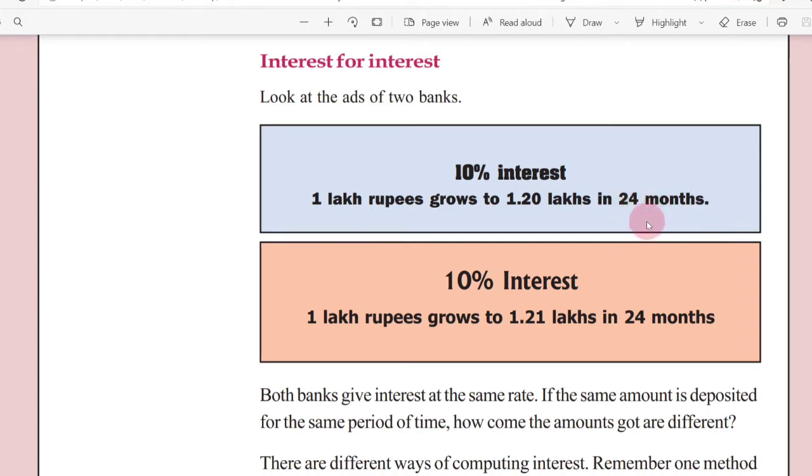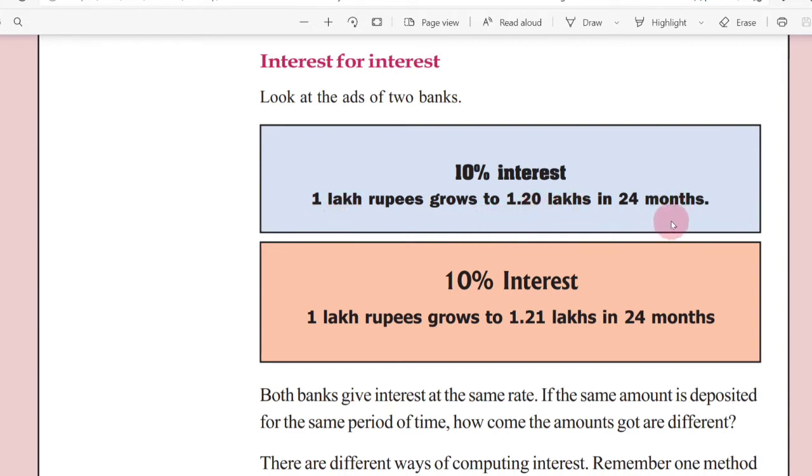We know that 12 months is equal to 1 year, then 24 months is equal to 2 years. So in the first ad, in 2 years, 10% interest, 1 lakh rupees grows to 1.20 lakhs.